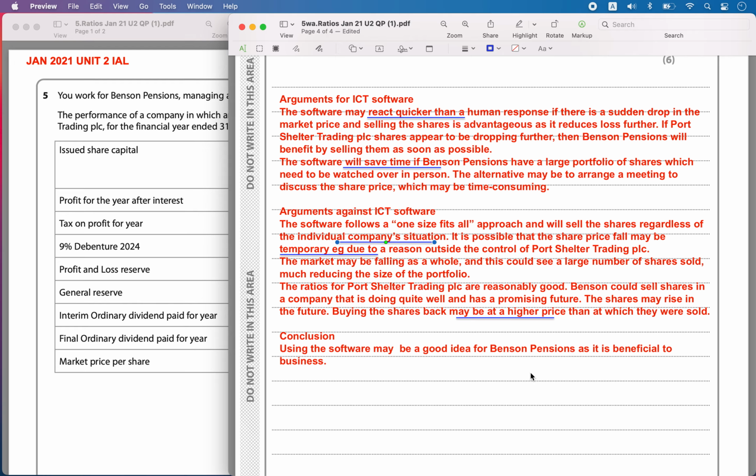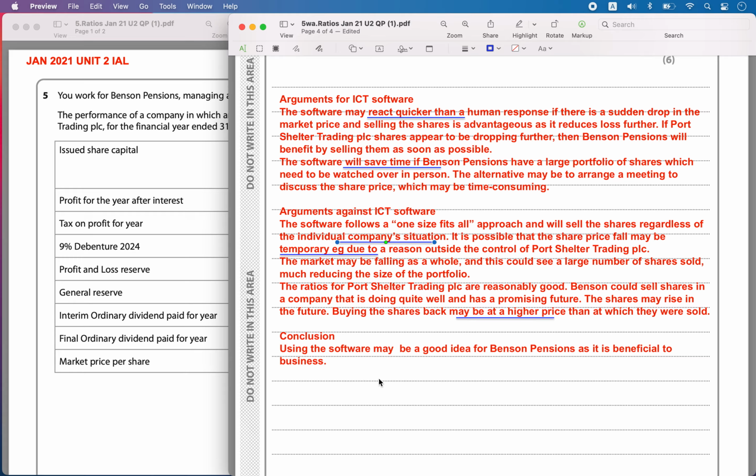But the market might be reacting to all the shares in the share market. In that case, you are going to sell off, and then you will have to pay a high price to buy back the shares. And also we can see that the ratios of this company have been good. So if it has a promising future, you might have to buy at a higher price.